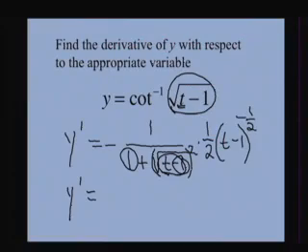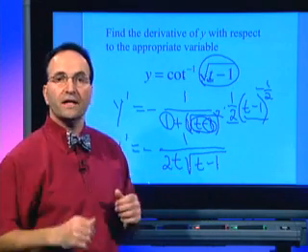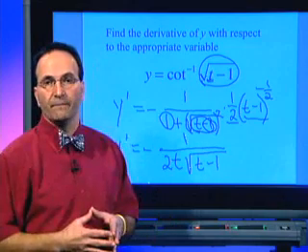So we have negative, and then we'll have a 1 up top. We have this 2 that is right here, so we'll have 2t, and then bringing this into the denominator is the square root of t minus 1. And that's the answer to the pause video problem that you just worked on.